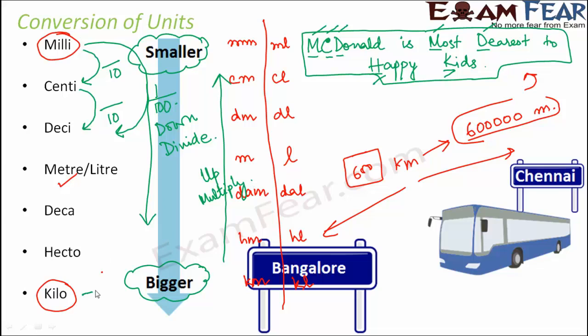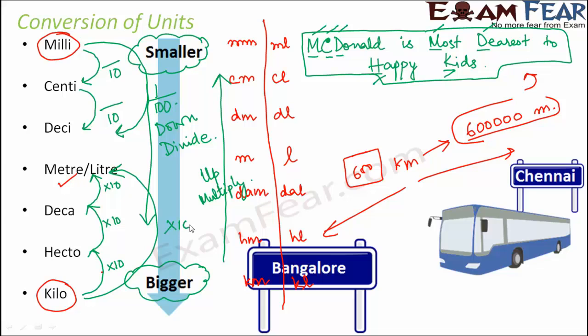If you want to convert from kilo to hecto, what you do? You multiply by 10. From hecto to deca, you multiply by 10. From deca to meter, you multiply by 10. If you want to convert from kilo to meter, you will multiply because you are moving up. And by how many steps are you moving up? 1, 2, 3.